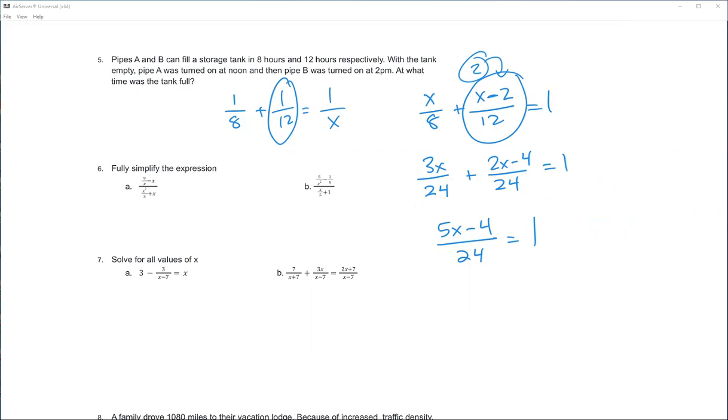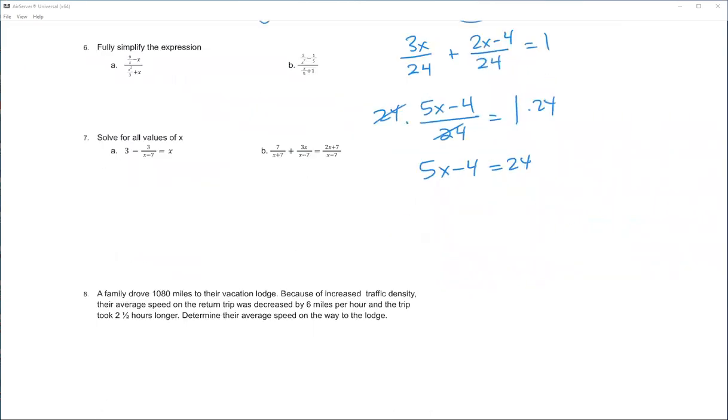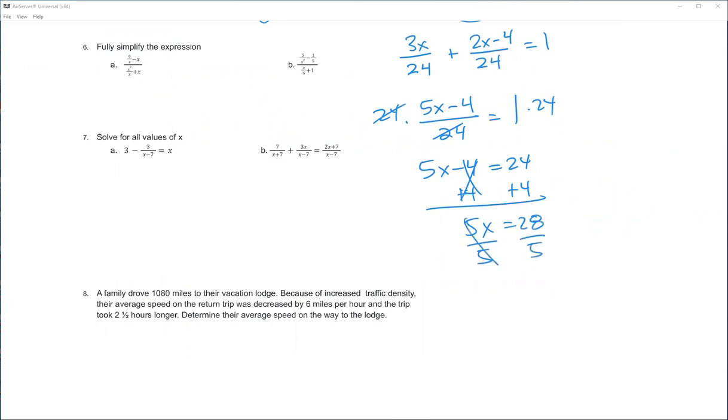Multiply both sides by 24. So it'll be 5x minus 4 is equal to 24. Add the 4 to both sides. 5x is equal to 28. Divide both sides by 5. X is equal to 5 3/5.